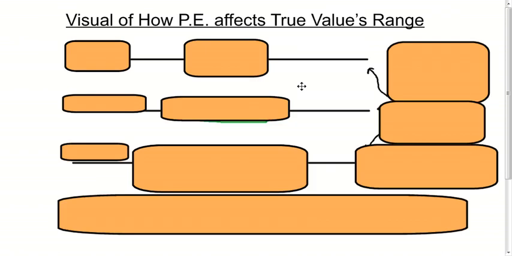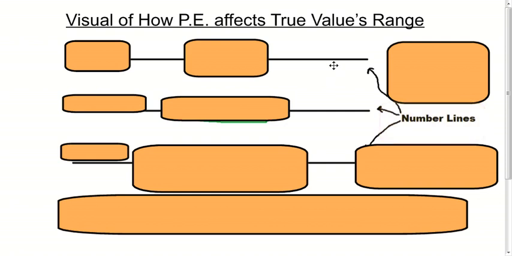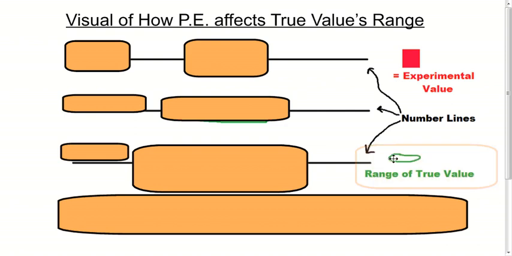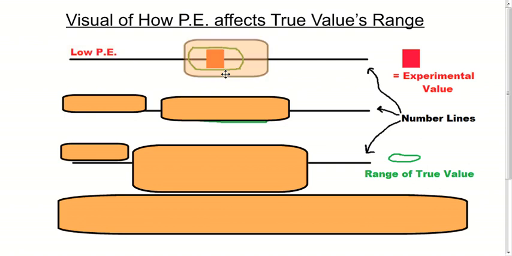Now, this is a visual of how percent error affects a true value's range. These black lines are meant to be number lines. The red is the experimental value, and the green blob that comes up is the range. Let's start with a low percent error value.